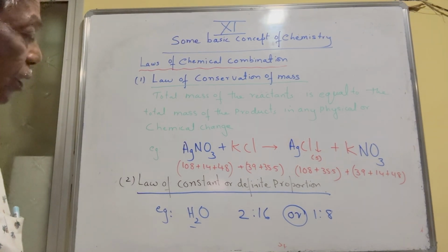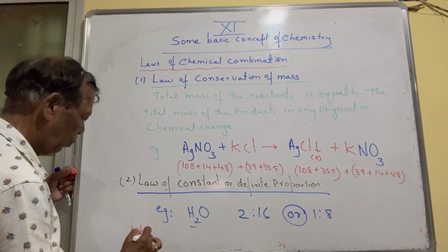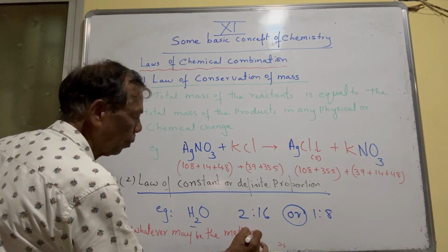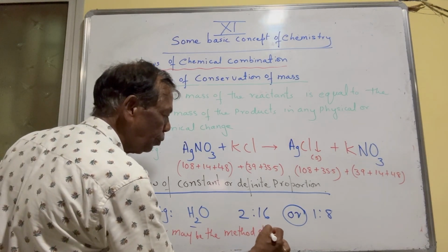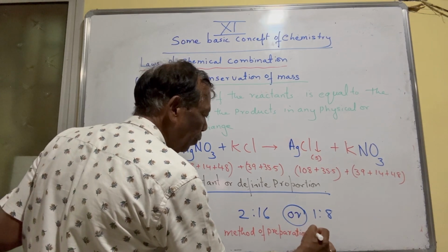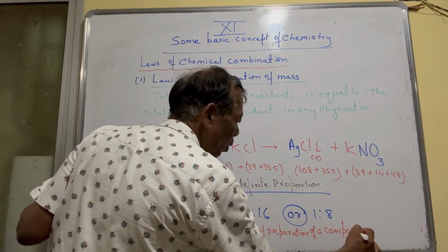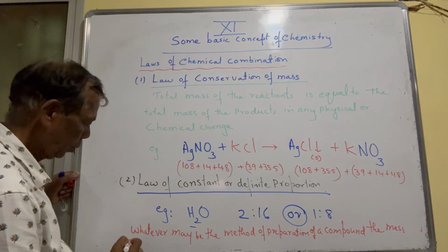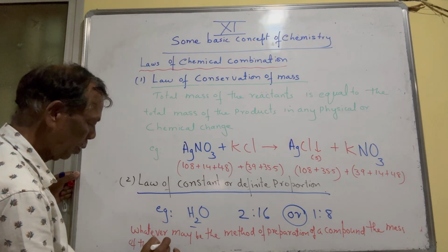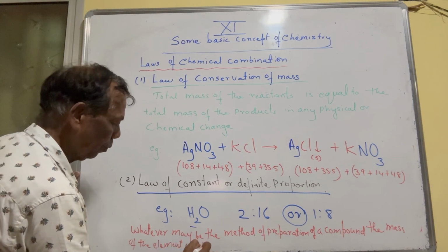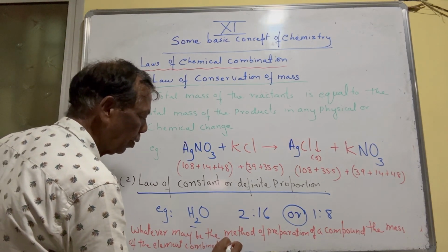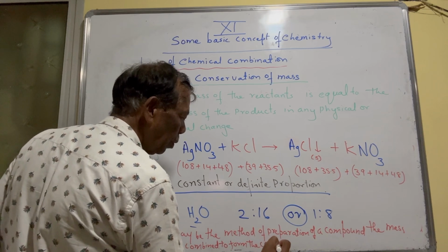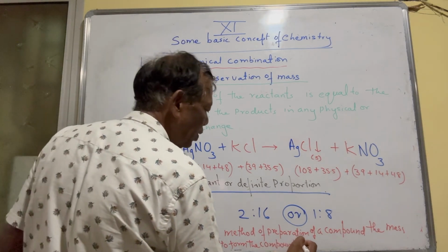So I'll write it like this: whatever may be the method of preparation of a compound, the mass of the elements combined to form the compound bear the same ratio.